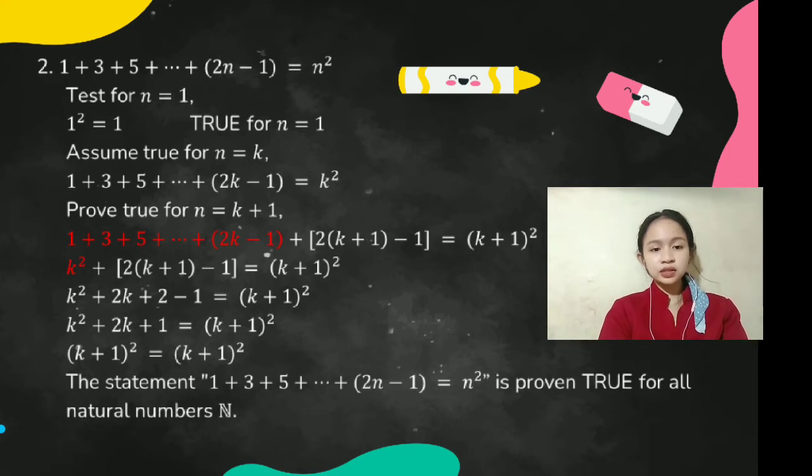Factorize: k plus 1 squared equals k plus 1 squared. The statement 1 plus 3 plus 5 plus dot dot dot plus the quantity of 2n minus 1 equals n squared is proven true for all natural numbers n.